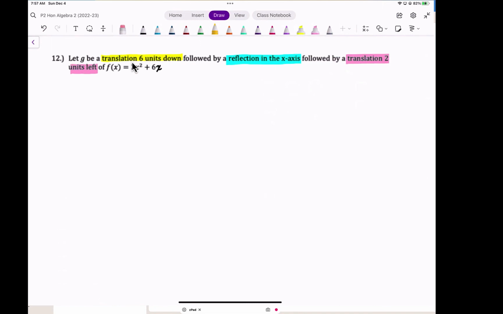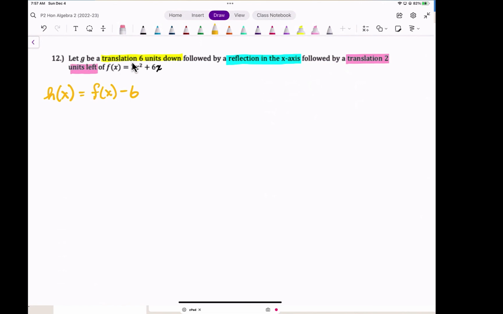But the first one, a translation 6 units down, let's call that H of x. It is going to be whatever f of x is and 6 units down. Okay, just like we did in the first couple of problems, we're using this idea that horizontal things are inside the function, inside the parentheses that make up the f of x, and vertical ones are outside.